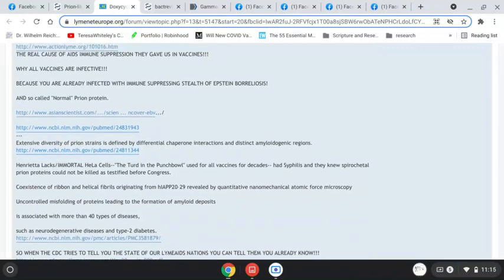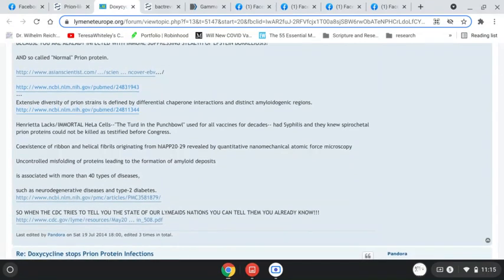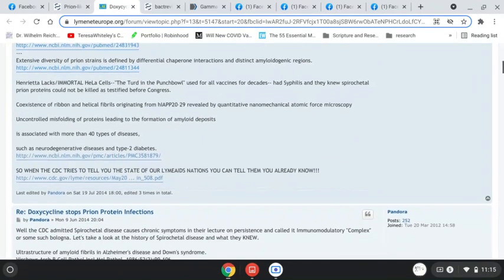They gave us in vaccines because you're already infected with immune-suppressing cells of Epstein, borreliosis, and so-called normal prion protein. Henrietta Lacks. Immortal HeLa cells, the turd in the punch bowl, used for all vaccines for decades, had syphilis, and they knew spirochetal prion proteins could not be killed, as testified before Congress.